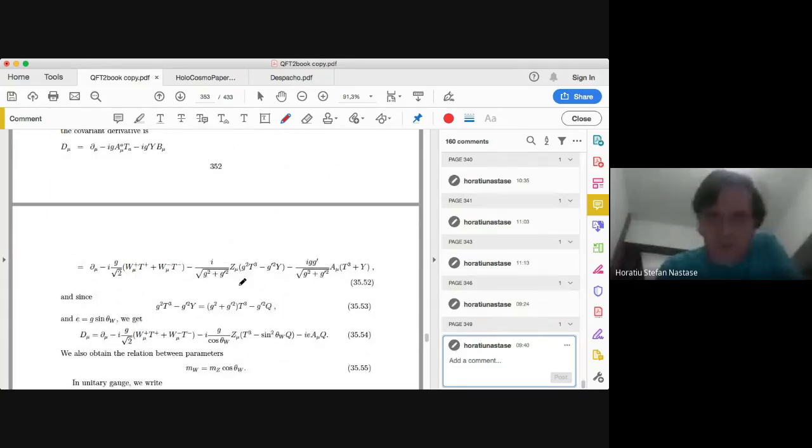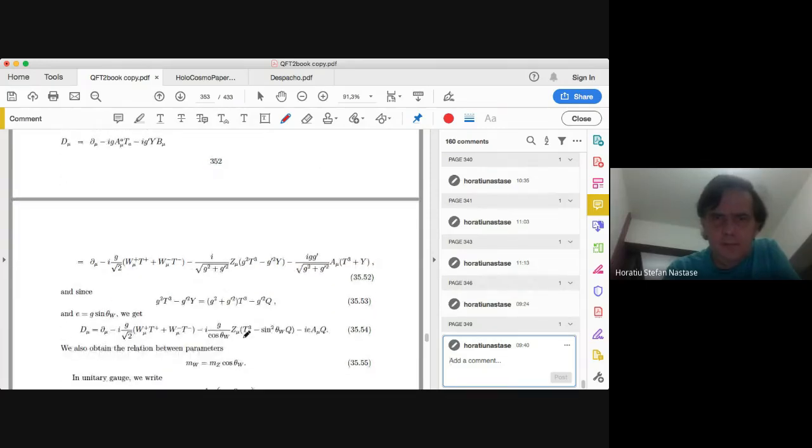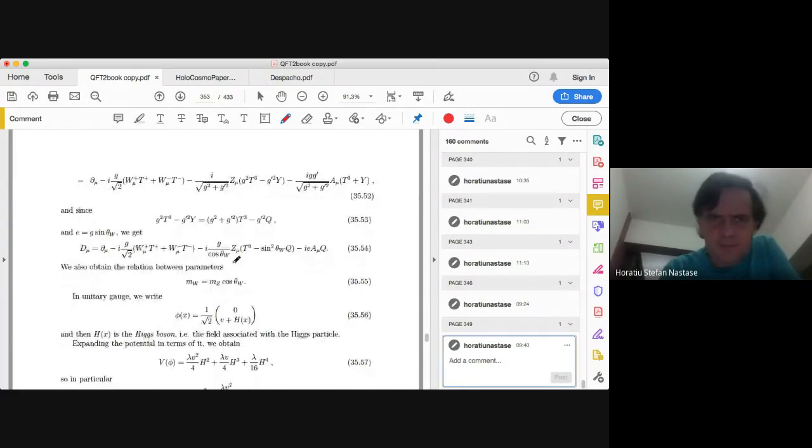So I write then, for the Z term, I have g times, then g over this square root is cos theta W. Okay, this is probably not right here.